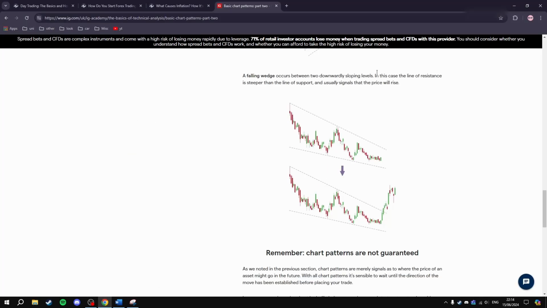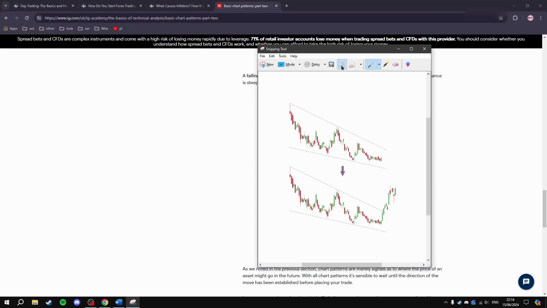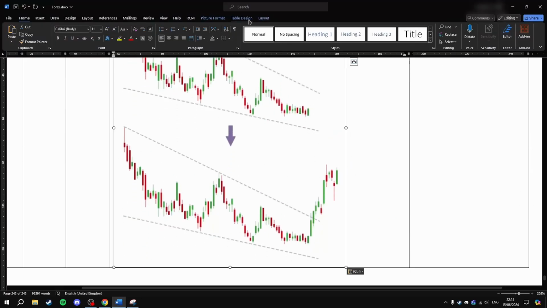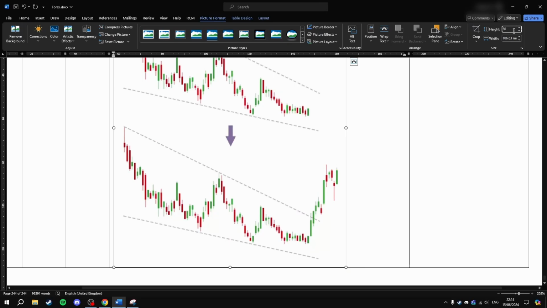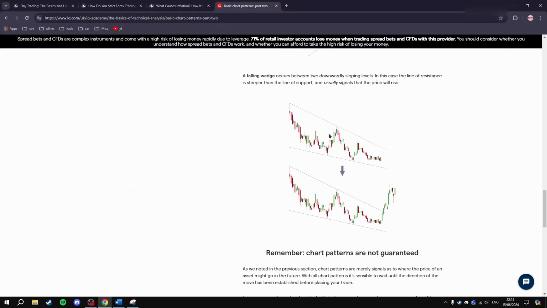In this case, the line of resistance is steeper than the line of support and usually signals that the price will rise. So this resistance line is steeper than that line, and the overall trend over here is a downtrend, and then it signals a reversal into an uptrend.